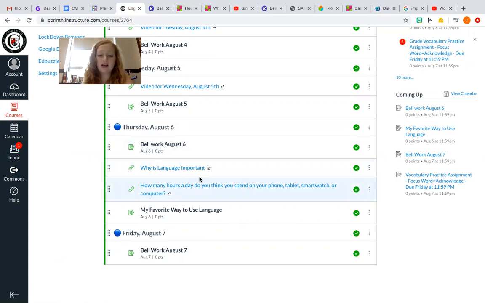We're talking today about why language is important. Basically, we use language all the time. Anytime you hear or say words, anytime you read or write words, all of that is using language. So when you watch TV, you encounter language. When you text your friend, you encounter language. You're encountering language all day long.